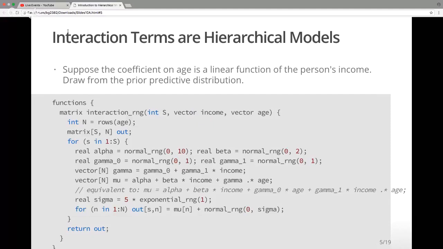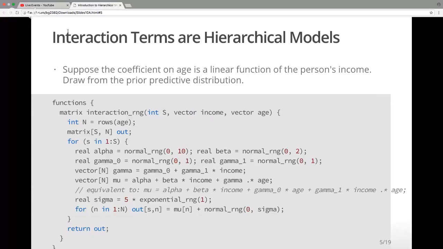Roland? Based on the code here, two persons with the same income have the same gamma value. Yes. Particularly if we use income categories, it's totally possible that you'd have more than one person with the same income and consequently the same coefficient on age.